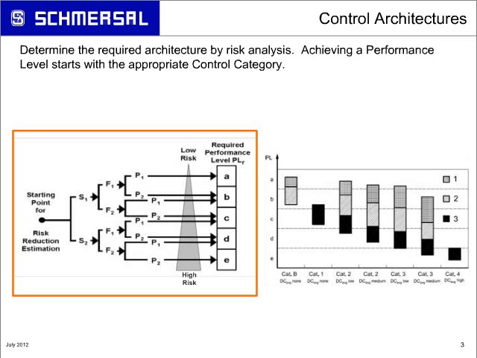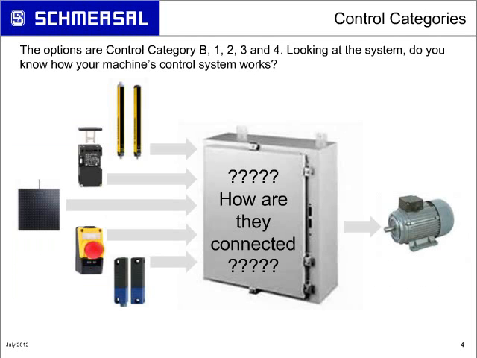Those control architectures are broken down into categories. There's control category B, 1, 2, 3, and 4. When you go through that decision tree process, it's easy to make that determination based off of severity, frequency, and avoidance, but it becomes a mystery on how to actually make it work.